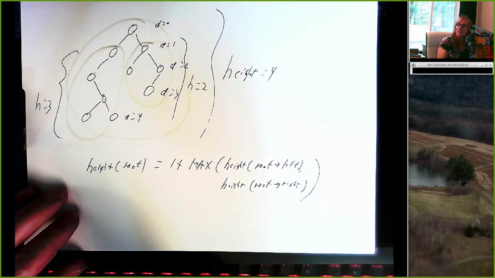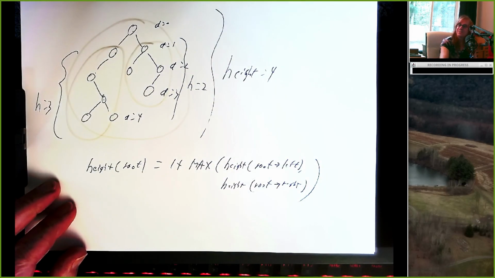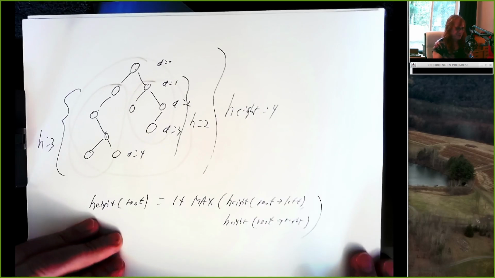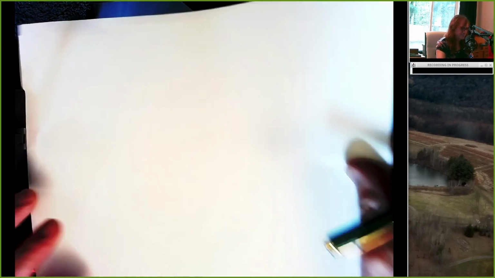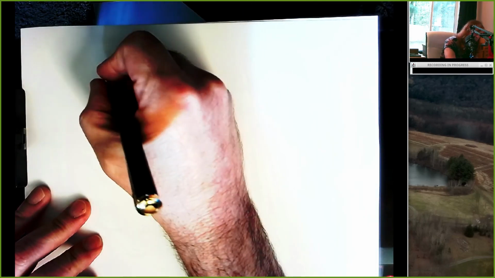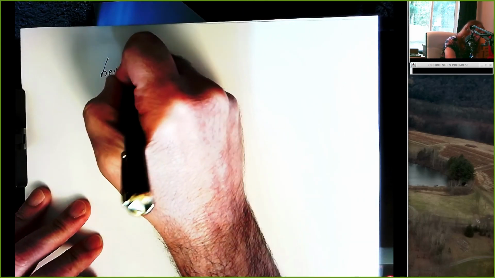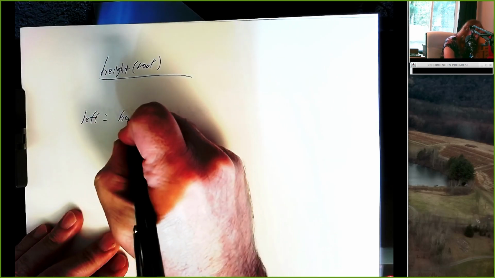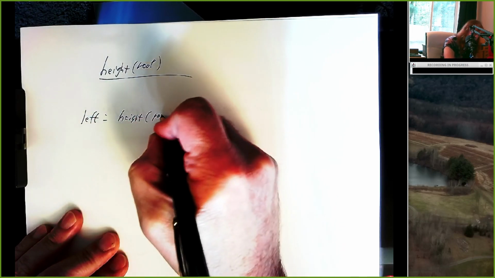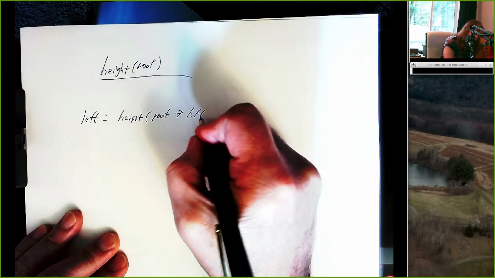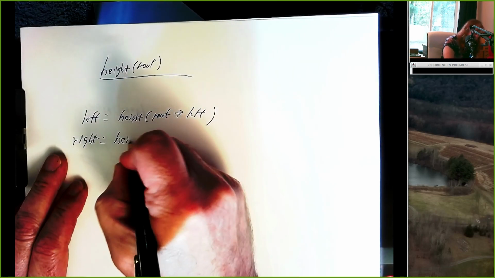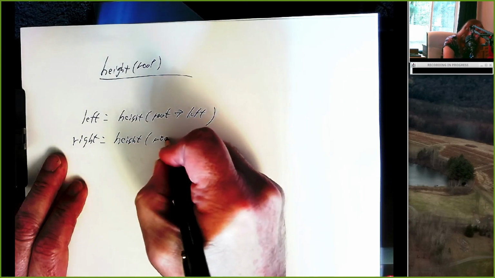All right. Well, we can use this recursive definition to code a height function, as follows. We don't know which subtree is higher until we calculate the height.